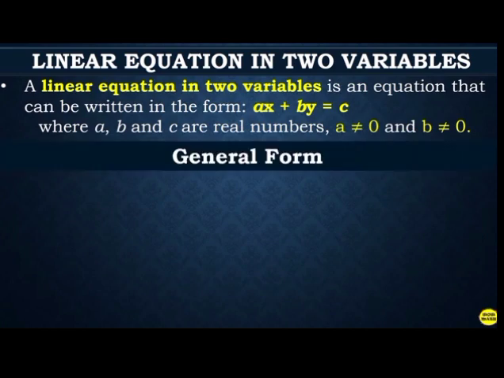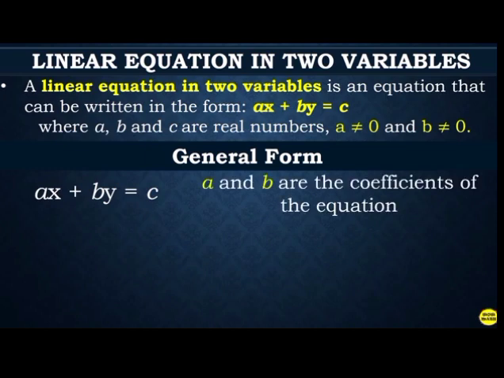So what do we call ax plus by equals c? It is the general form. Now, remember that your a and b here, this is what we call the coefficients of the equation.